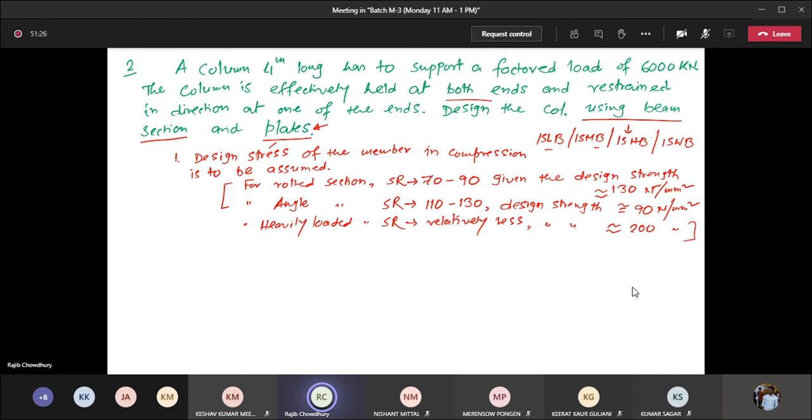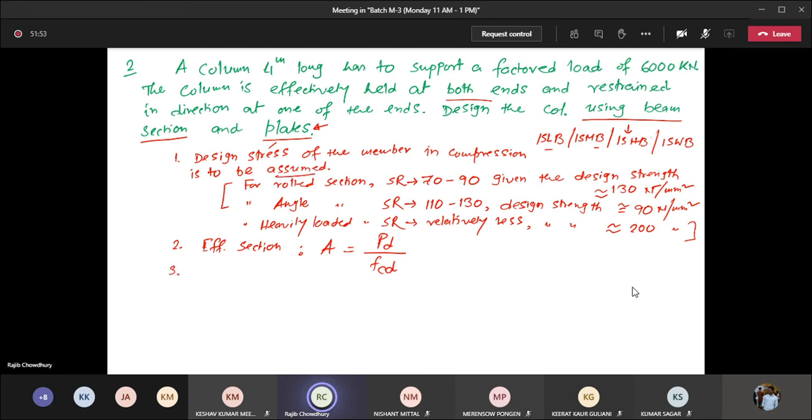With this starting point, what is the next step? Next step is to find the effective section. Effective section A is to be evaluated: how much is the design force, divided by the design strength, FCD, which I am going to assume from here.